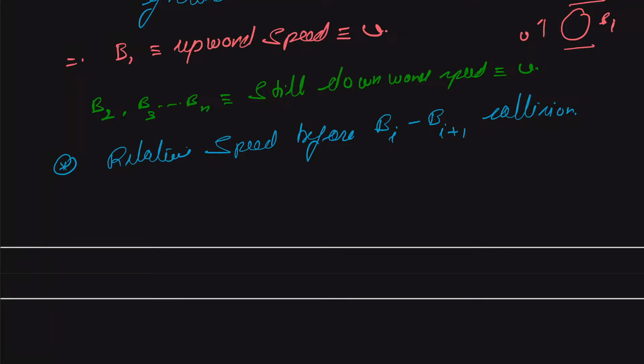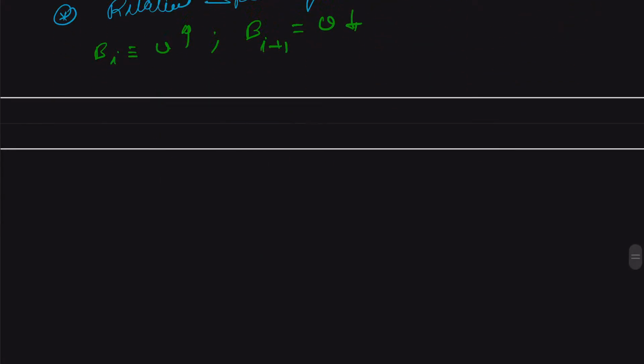So we have bi, the velocity is v but moving upward, and bi plus 1, the velocity is v but moving in the downward direction. Once again we find their relative velocity.